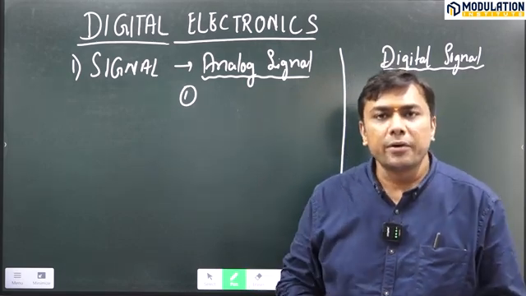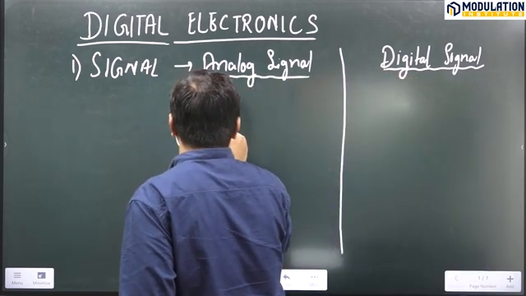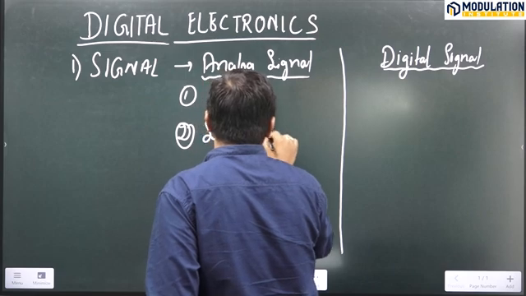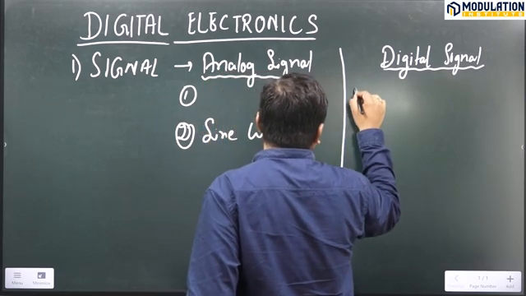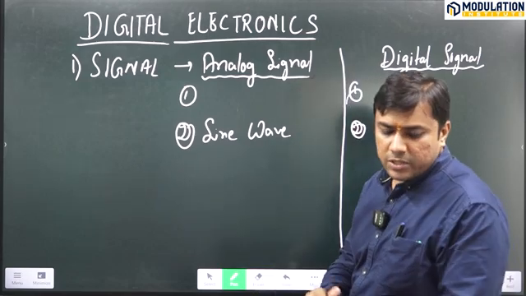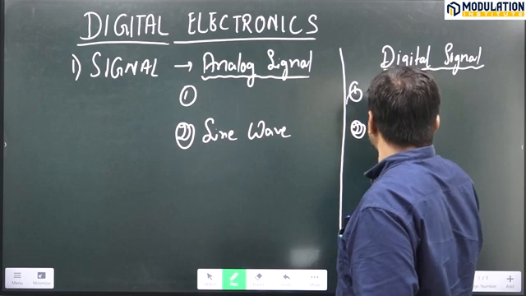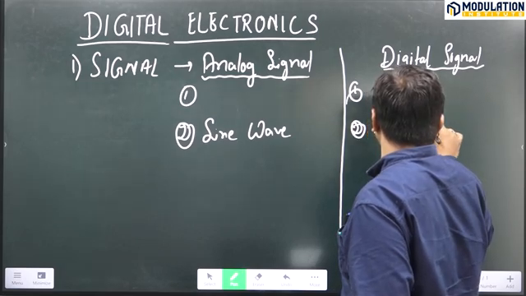An analog signal is represented by a sine wave. In case of a digital signal, the waves are represented in terms of square waves.